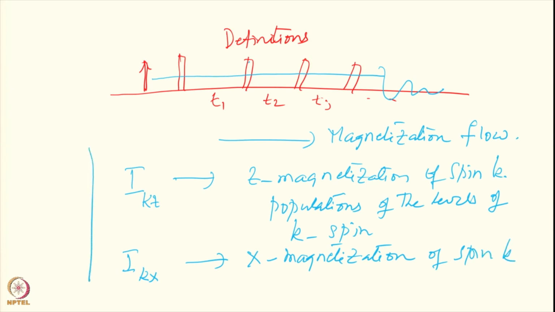For all of these, we are talking about spin half systems, all K, L, etc., whatever label we use. I have used K as the label to identify the spin K. I can use L, M, P, Q, R, whatever; they all indicate different spins and they are all spin half systems. Similarly, IKY would imply Y magnetization.